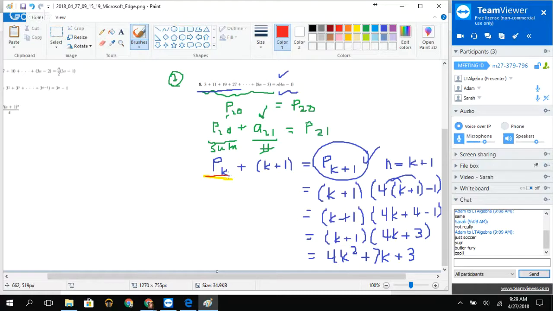Okay, so P sub k is actually going to be this same formula, but instead of putting in k plus 1, I'm just going to put in k. All right, so P sub k actually evaluates as k times 4k minus 1. So you can see instead of n up here, I put k in. All right, so if I add up my first, in this practical example, my first 20 terms, that's my first k terms, right?